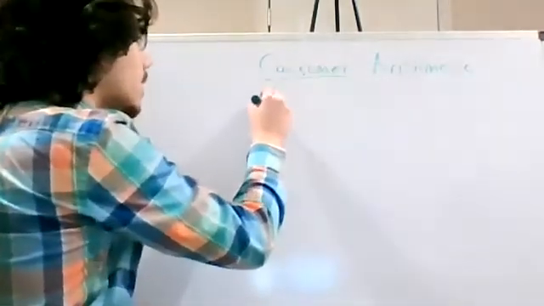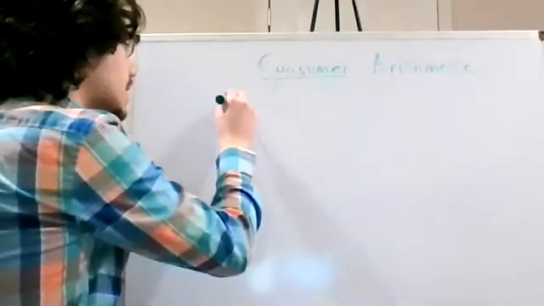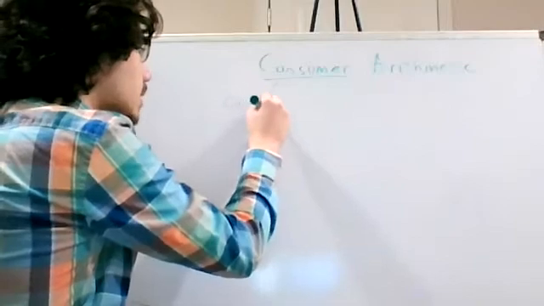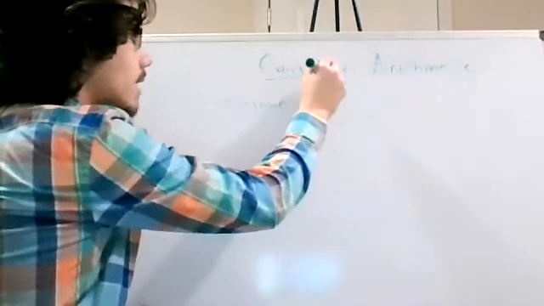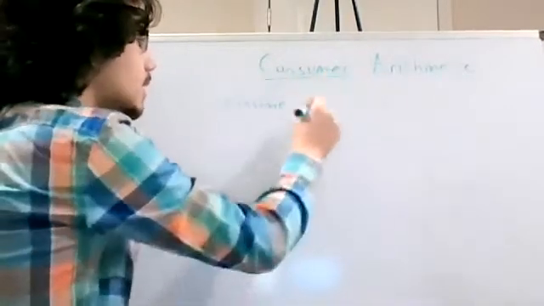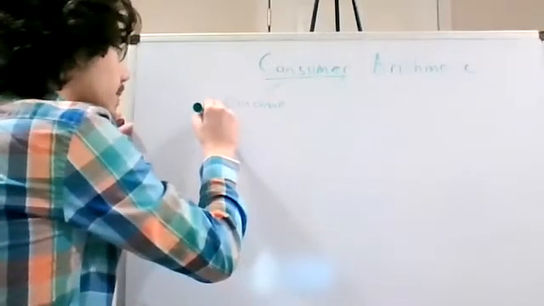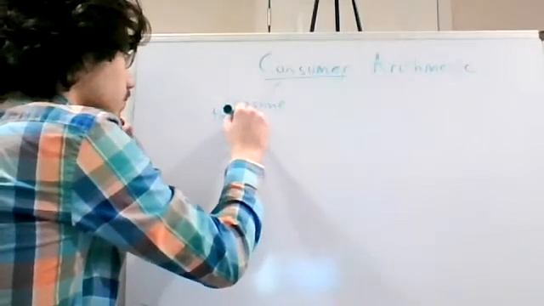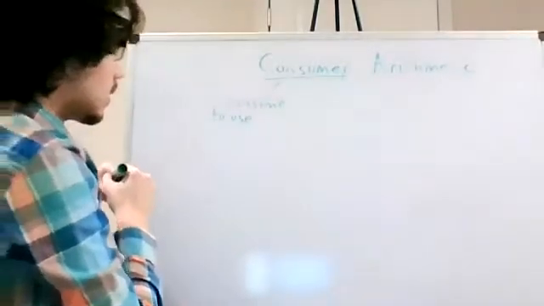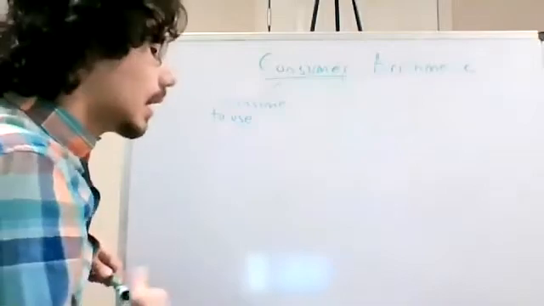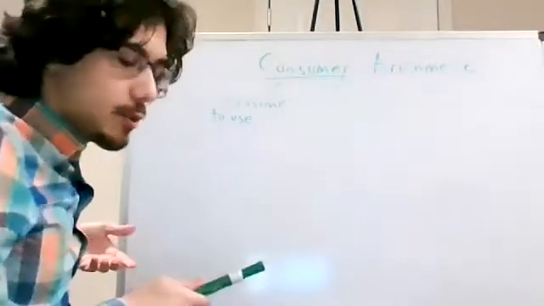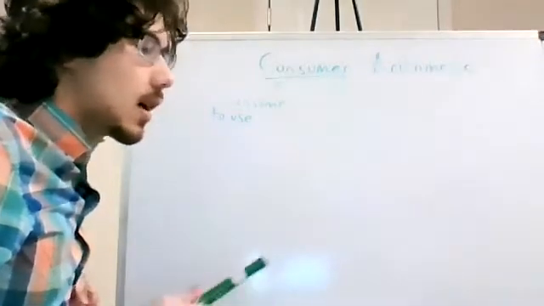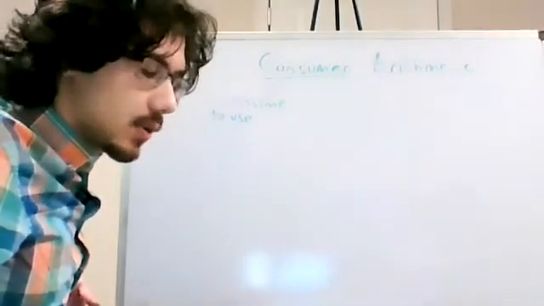Now, the word consumer has a couple different meanings, being to consume, as we can derive the word consume from consumer. Consume meaning to use. Now, consume most often is used when talking about eating and drinking and that sort of thing.